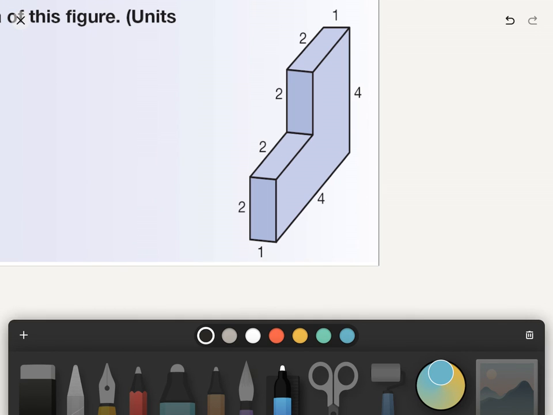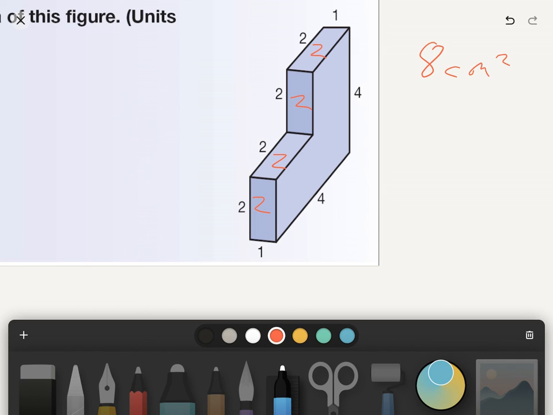Okay, so by now people have probably gotten a few steps here. So I am putting my answers in square centimeters. So that would be 2 times 1, 2 times 1, 2 times 1, 2 times 1. All right, so I'm going to add those together and put that out there as 8 square centimeters.